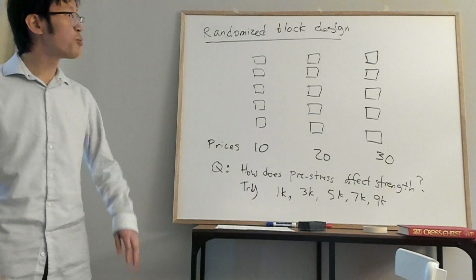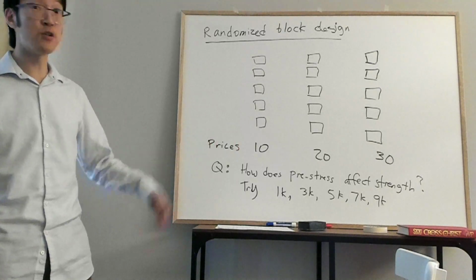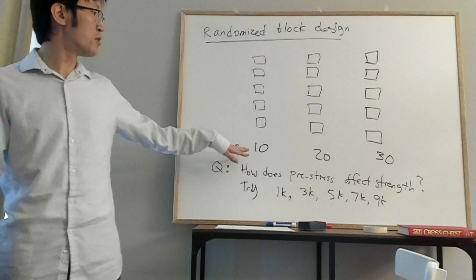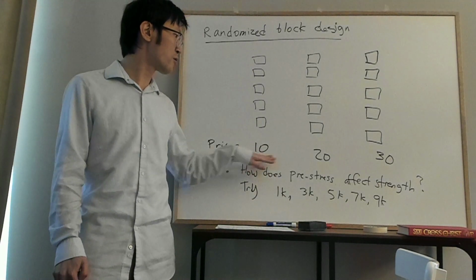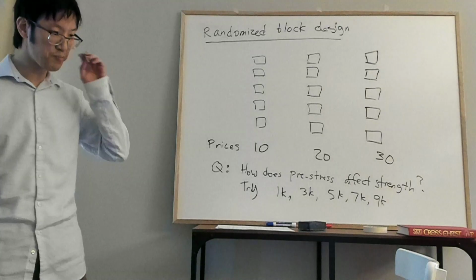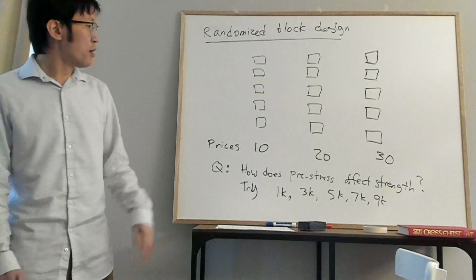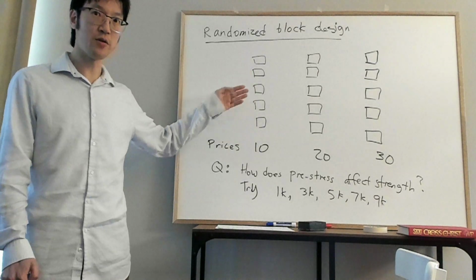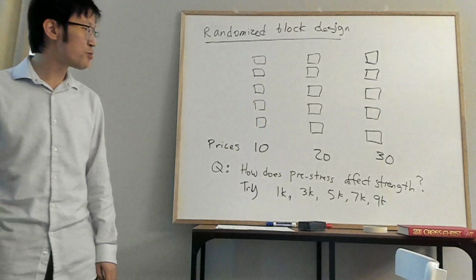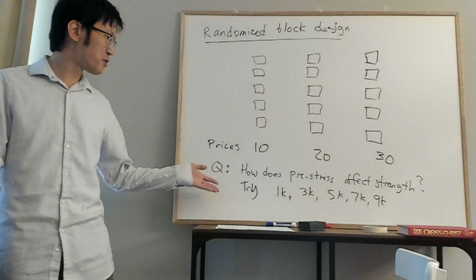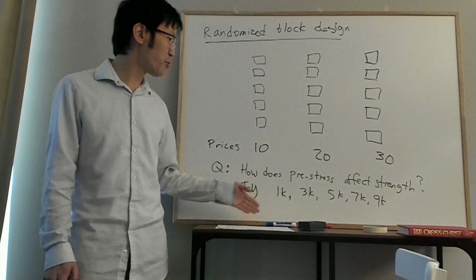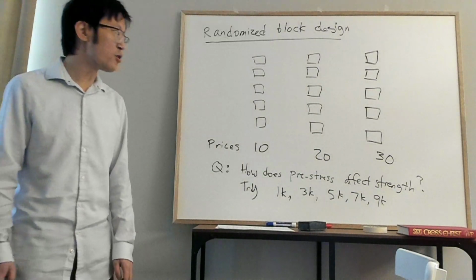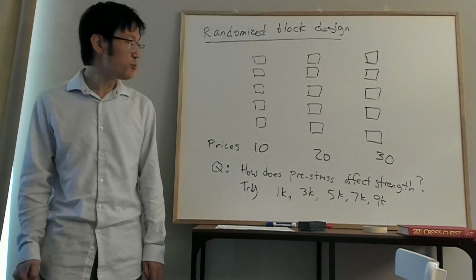There are many things that can affect the strength of each piece of wood, and one very important one is this grade classification. The quality of the wood inherently affects the strength of each piece, and also, of course, the treatment that I'm going to apply, which is these 5 different load levels, would also affect the strength of the wood when it's tested.